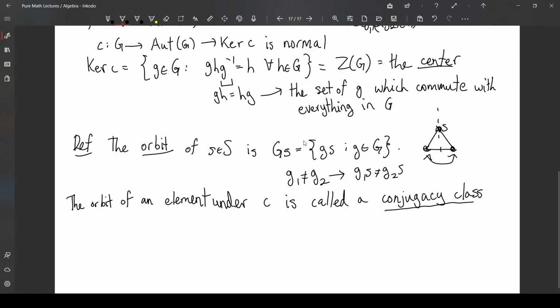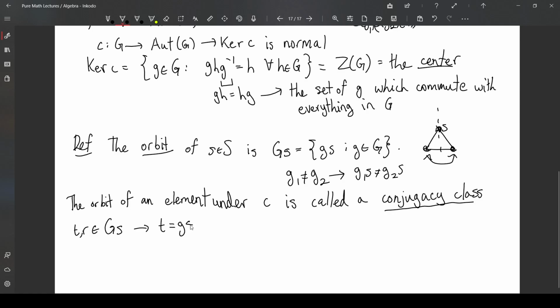Oh, and that's another thing, is that if T is some element in the orbit of S, then T is equal to GS, right? So let's say T and R are elements of the orbit.